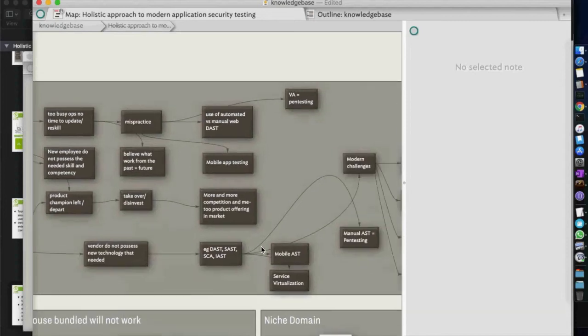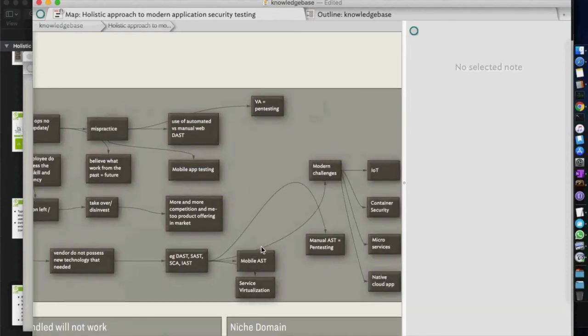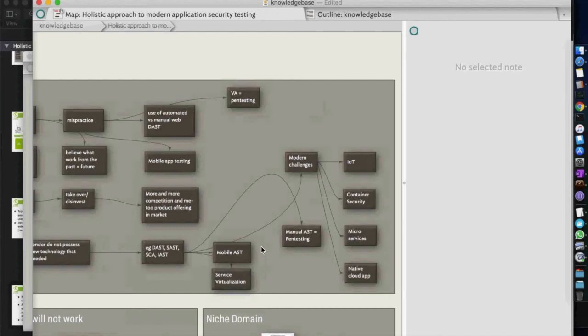Not to mention more modern challenges, such as mobile application testing. More complex is service virtualization testing, where everything is virtualized as services, and then you're testing in this completely virtual scenario. Then the modern challenge we're talking about is IoT. How can you use all the tools to test for IoT?